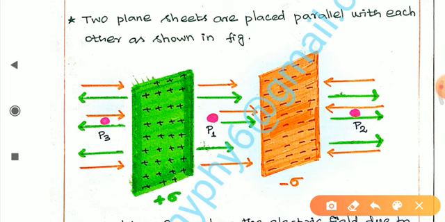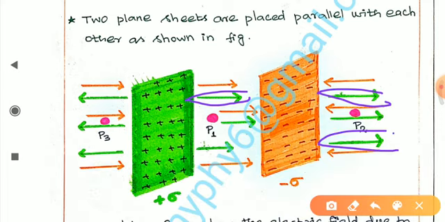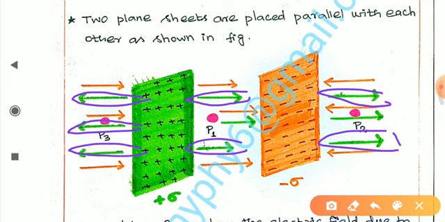So the green colored arrow is the representation of the electric field produced by the positive surface charge density. Are you clear? And the orange color is used for the direction of the electric field by the negative surface charge density, that is minus sigma.